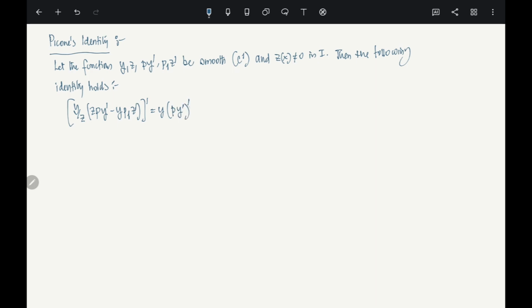Y p y prime whole prime minus y square by z p1 z prime whole prime plus, and you do not need to remember this identity also, so don't worry about it. We are just going to use this to prove this theorem, which we will call as Sturm-Picone's theorem. Very important. We will do it in the next video. Minus y by z, z prime whole prime.